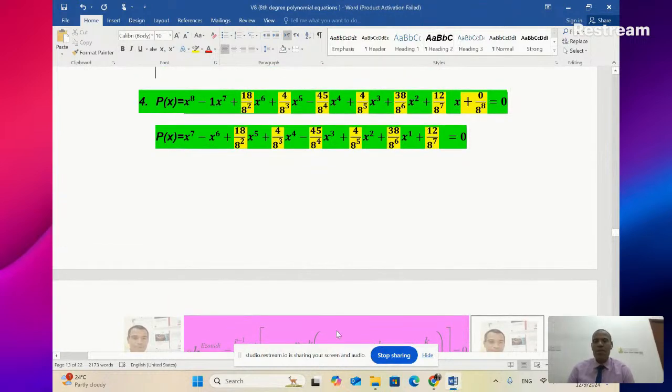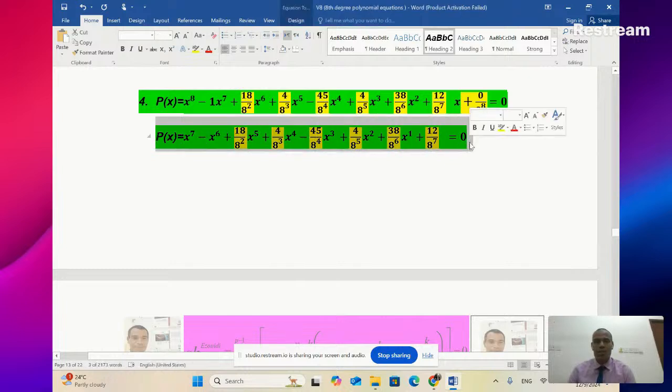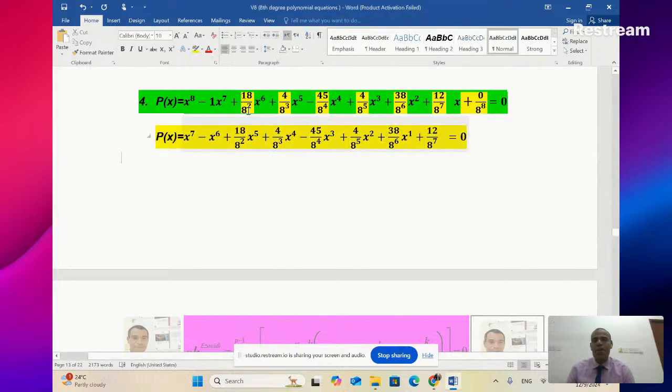This is our original polynomial to the power 7, and I am going to extend it.